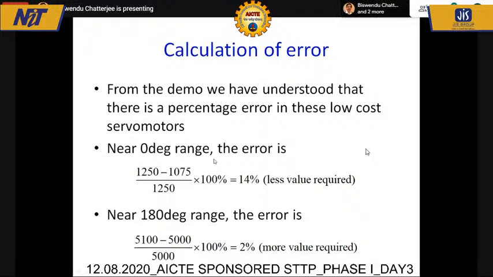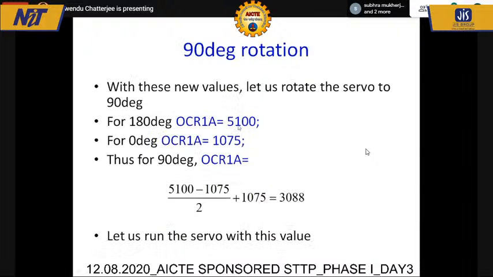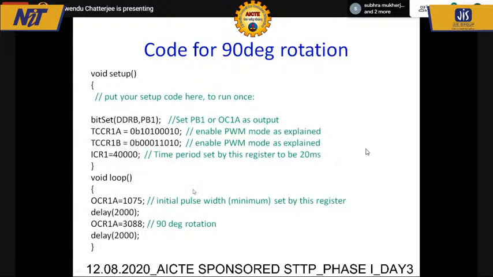So what about 90 degree? With the help of 5100 and 1075, we can run for the 90 degree with 3088. So 3088, if you put OCR1A equal to 3088, we can run at 90 degree.